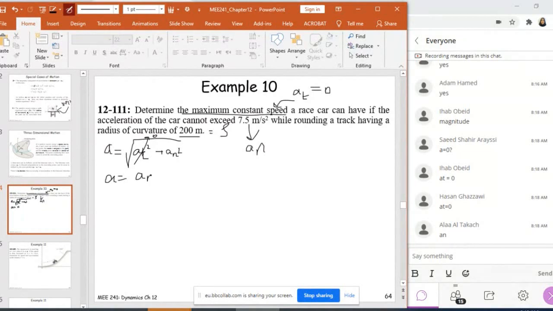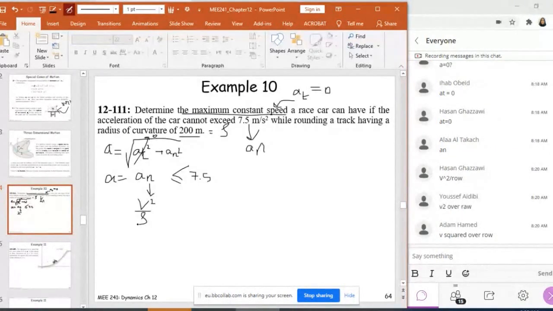They are telling me that this acceleration cannot exceed 7.5, so it's less than or equal to 7.5. And I know the equation of AN, guys? It's v squared over rho, yes. So it's v squared over the radius of curvature, and this should be less than or equal to 7.5.